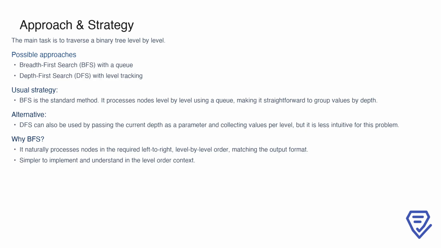BFS's queue-based process aligns perfectly with this problem's requirements, since it processes all nodes at one level before moving to the next. This makes BFS both efficient and easy to follow, especially in an interview scenario. While DFS works, BFS is more suitable and is generally expected for this type of level order traversal problem.